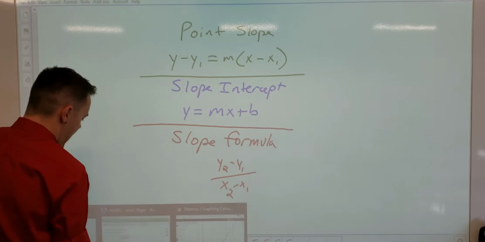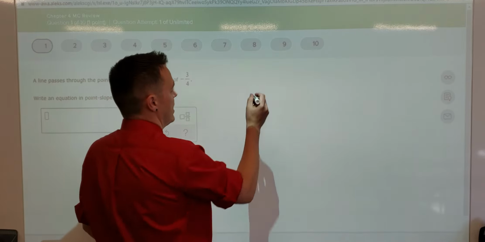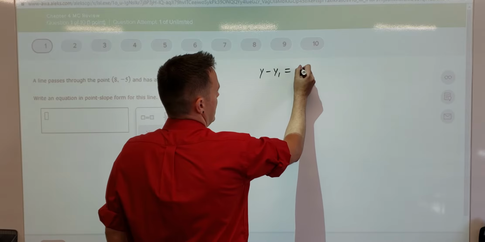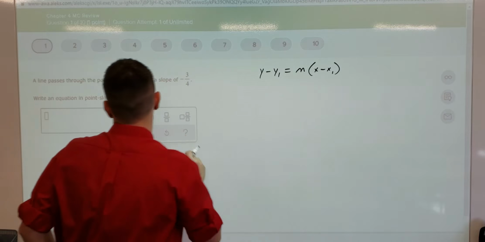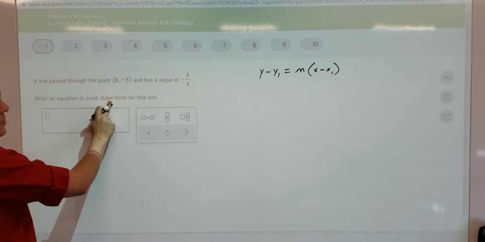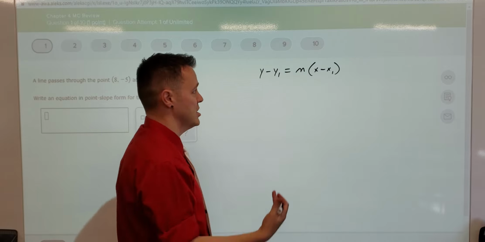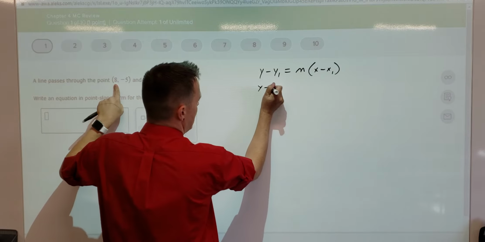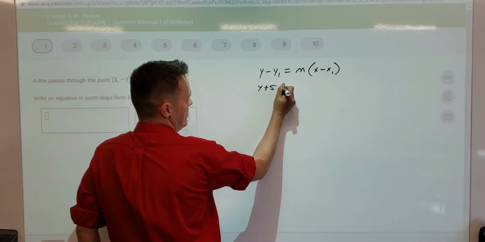And then when we come back here, we'll talk about the next step. If you remember correctly, we do y minus y1 equals m, and then it's x minus x1. It's asking to write the equation in point slope form, which is this particular form. Then you just plug in the values. So it'd be y minus, and my y is a -5, so this turns into positive.